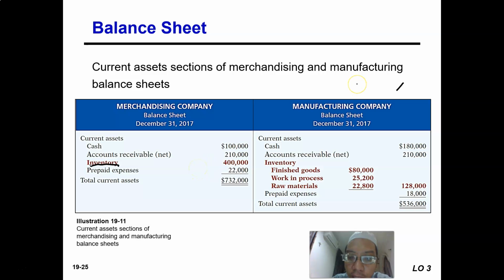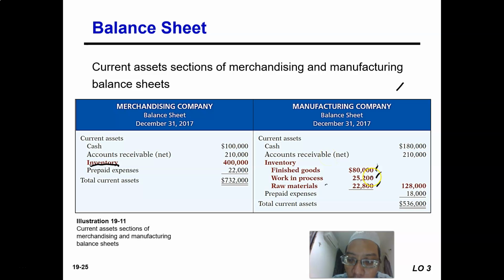But a manufacturing company has three kinds of inventory: the finished goods, the work in process, and the raw materials. Raw materials are items that they bought from their supplier. Some of them are used in production, some are not used. Therefore, the unused ones will be included as the raw material inventory.